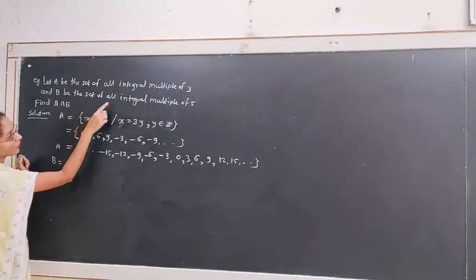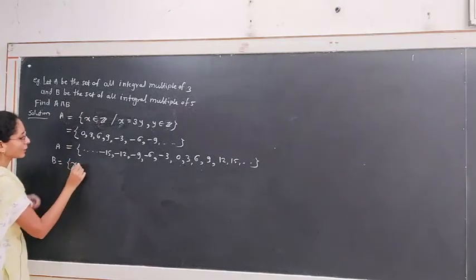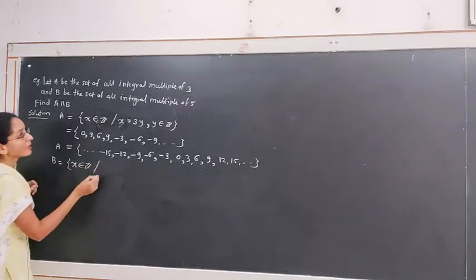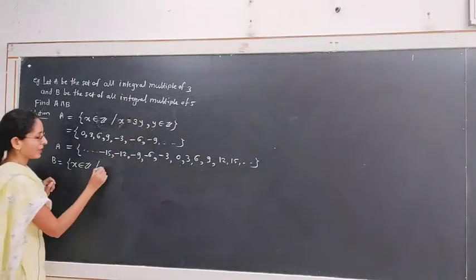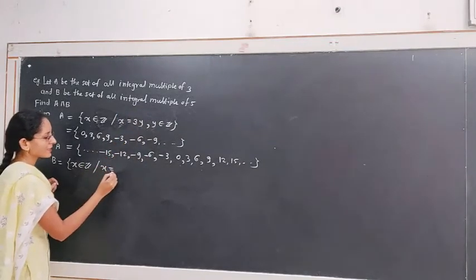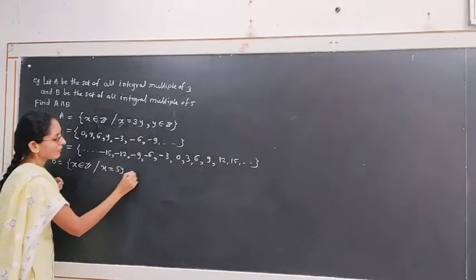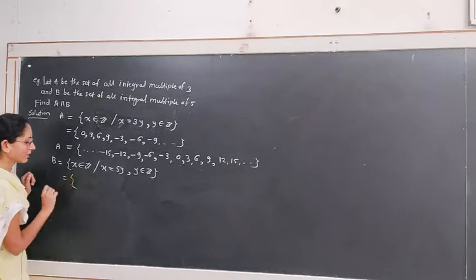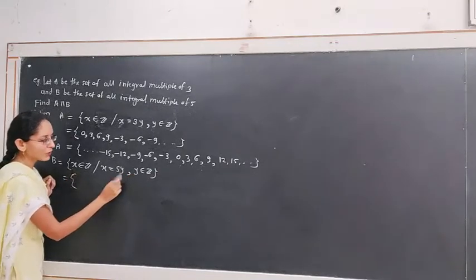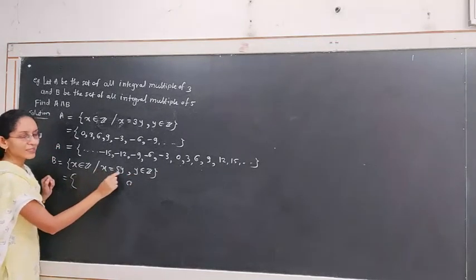B is again a set of all integers, means B equals X belongs to Z where all the integers are integral multiples of 5, where this X is equal to 5 into Y where Y belongs to Z. If we consider Y is equal to 0, we get X is equal to 0.